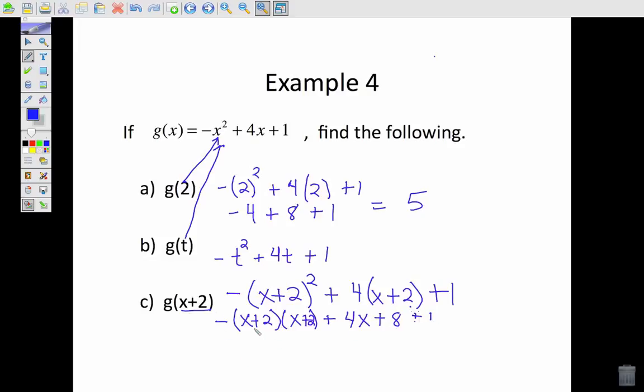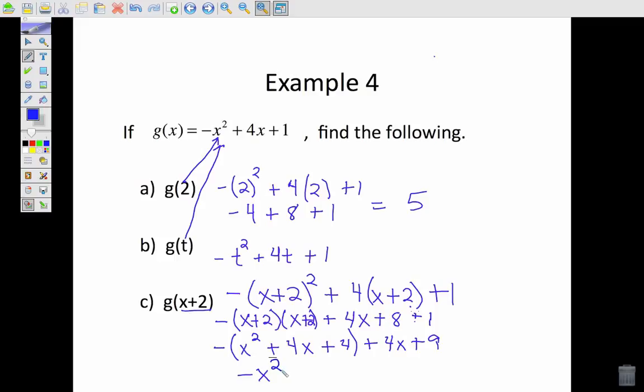All right, here we go. I'm going to FOIL the x plus 2 times x plus 2, keeping the negative out in front. You get x squared. 2x and 2x together, the middle term would be 4x after combining like terms, plus 4. And then we've got plus 4x, and 8 plus this 1 was 9. All right, almost done. I'm going to change my signs here.